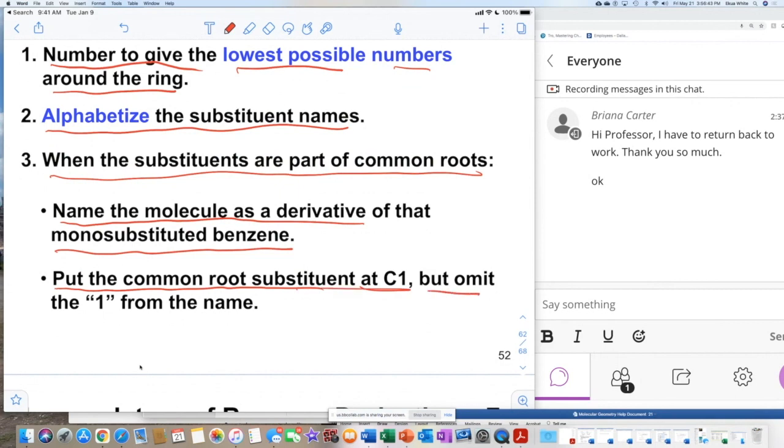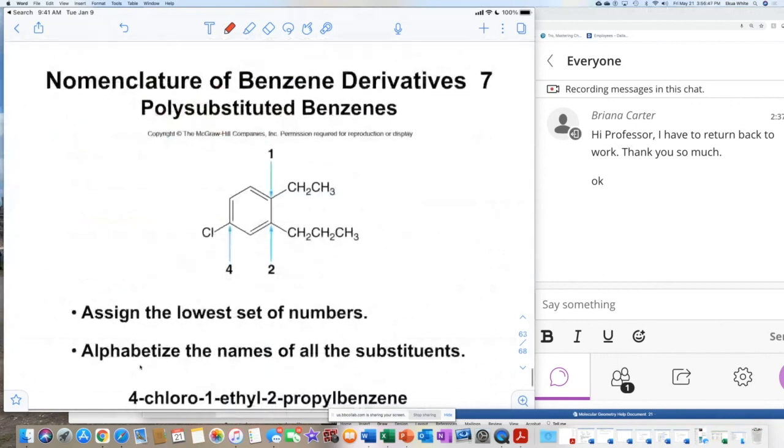But omit 1 from the name. Okay. So what they're saying here is we now have a polysubstituted benzene. We have a benzene that has many side groups, more than 2. It's not di, it's not mono, it's tri. But just the generic term here is polysubstituted.